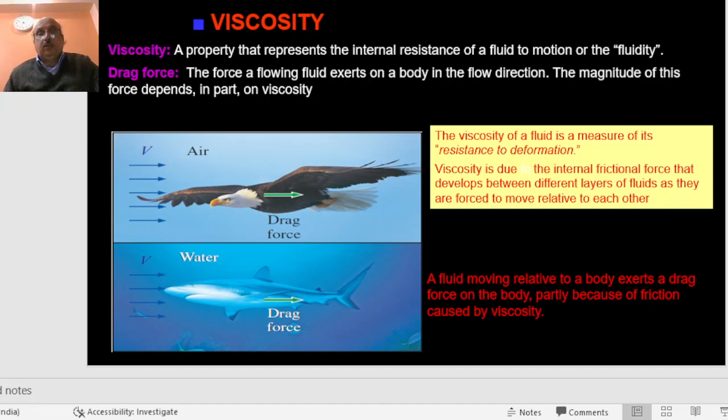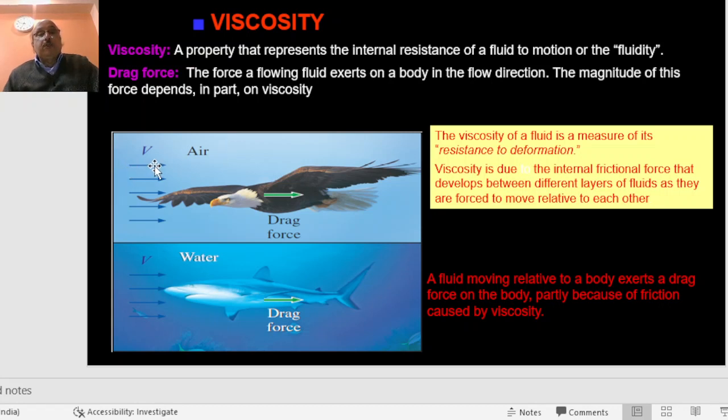Hello, today I am taking the topic viscosity. Viscosity is a property that represents the internal resistance of a fluid in motion, and it is also called fluidity.